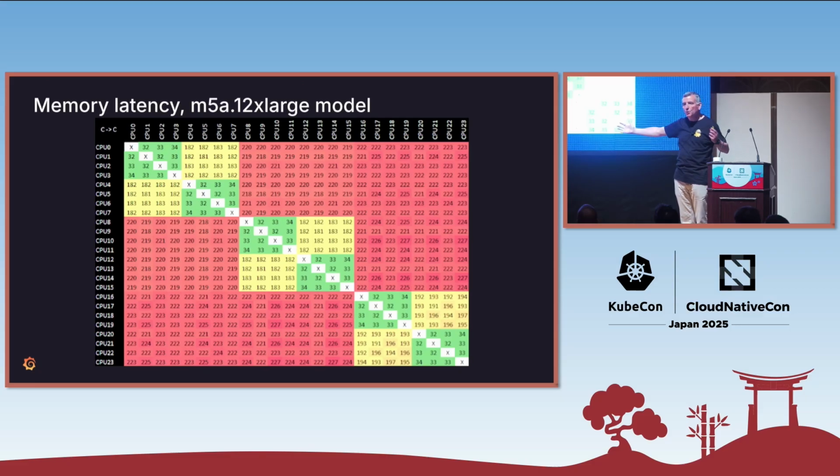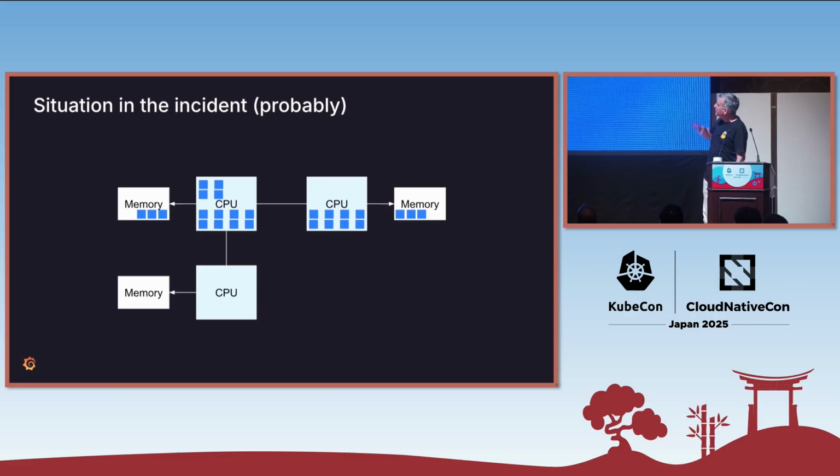So there's a huge difference going from the fast case to the slow case. This is what we think was happening: we had some of our program on one CPU, some of our program on another CPU, memory all over the place, and it's getting hit by those slow accesses.